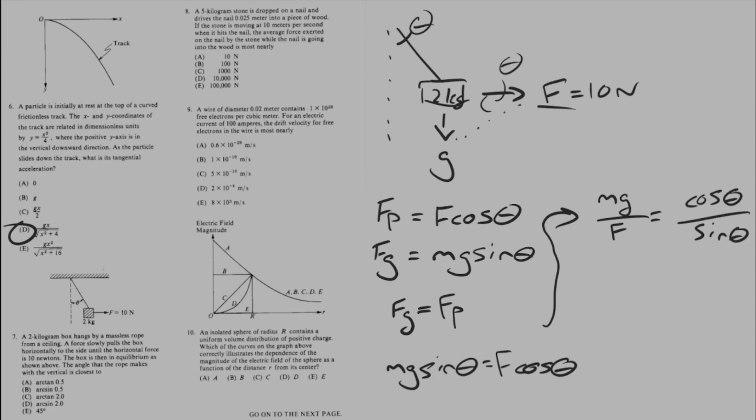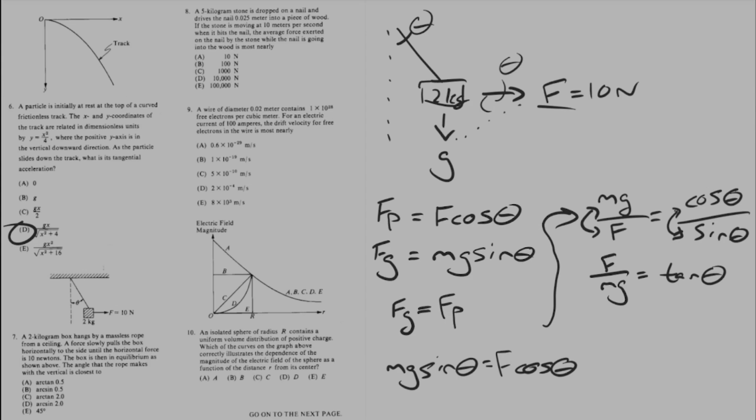But it looks like it's sines and tangents, so I could flip this and flip that, and that's going to give me F over mg equals tangent of theta.